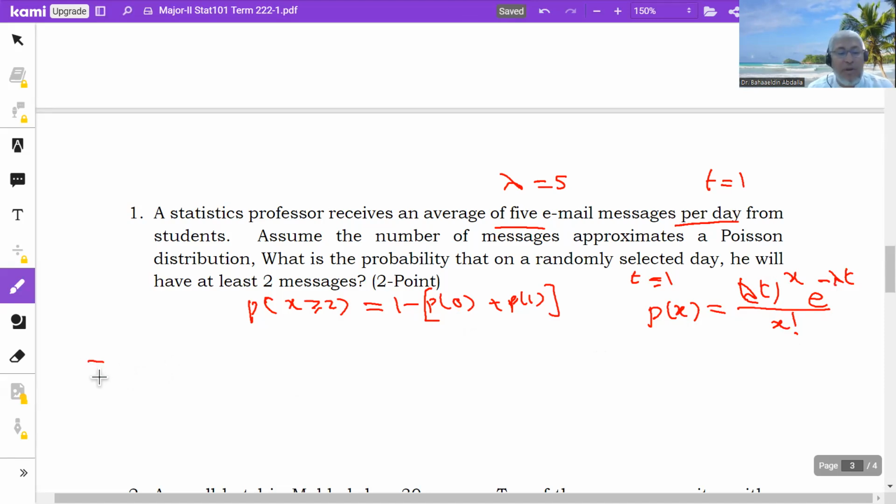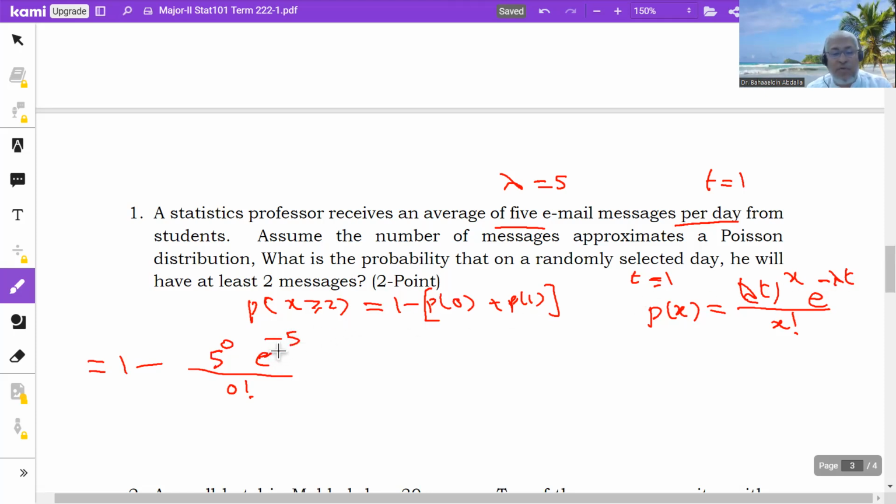So we will have 1 minus, what would be probability of 0? Probability of 0, x would be 0, so we'll have 0 factorial. T is 1, lambda is 5, so I have 5 to the power 0 times e to the power negative 5 times 1, so negative 5.